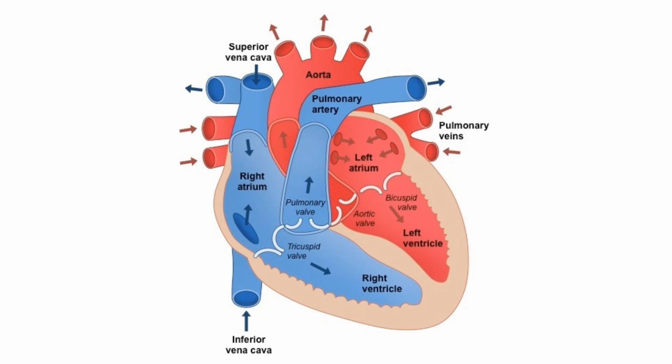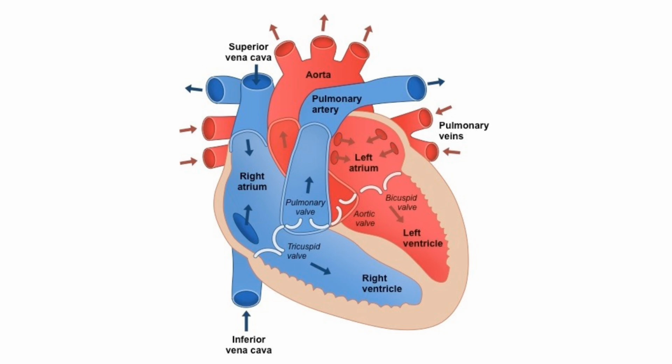Then this deoxygenated blood first goes to the right atrium. There are four chambers of our heart: right atrium, left atrium, right ventricle and left ventricle. So first of all the deoxygenated blood comes into the right atrium. From the right atrium this blood goes to the right ventricle with the help of the tricuspid valve. What are valves?